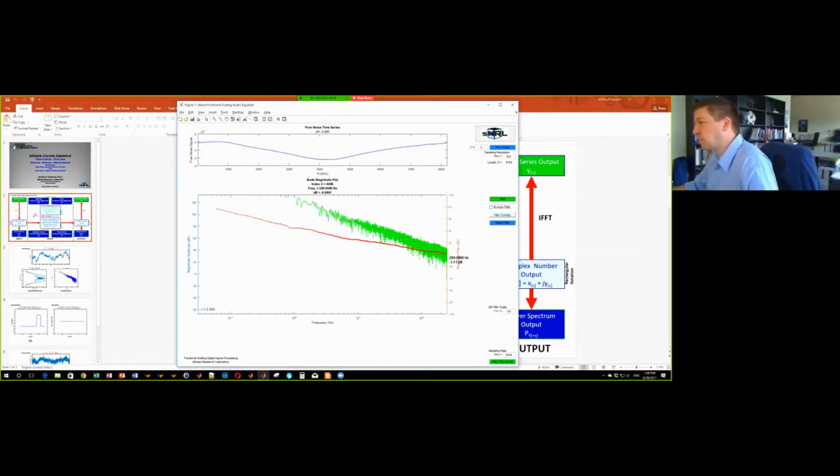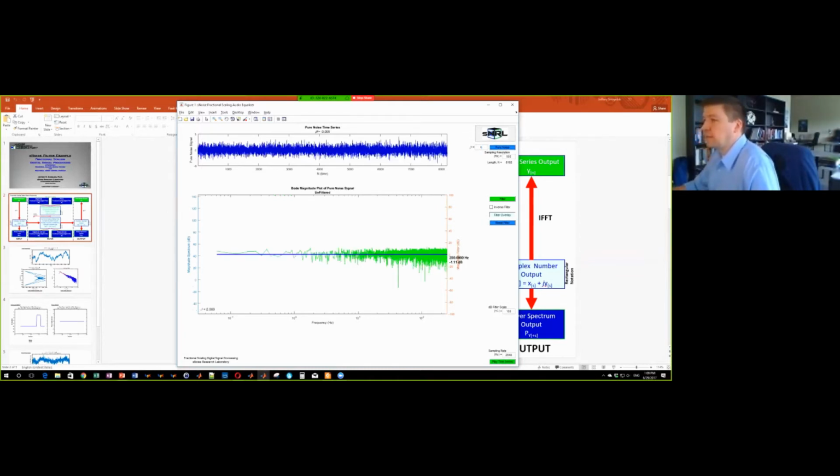So it's fairly straightforward in terms of how the filtering works. But in terms of generating pure noises for testing, this also allows you to generate a signal with a spectrum that's perfectly flat, so that when you fit the least squares fit slope, the slope is exactly 0.000, and you can fit the slope to whatever you want.